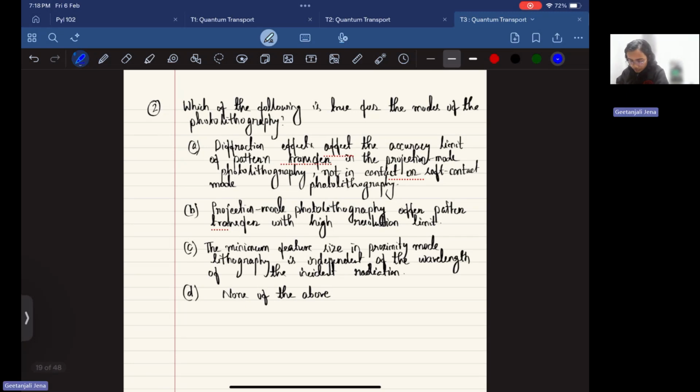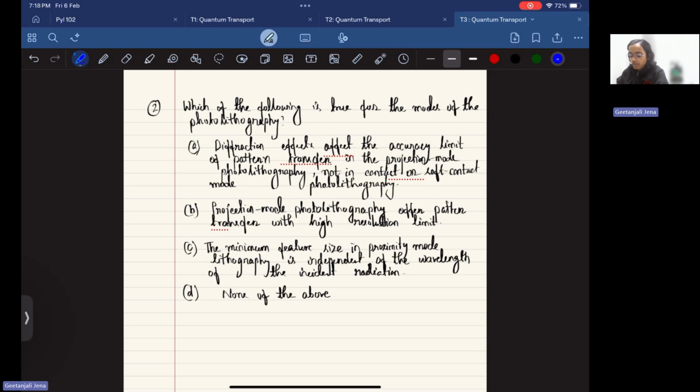In question number 2, it says, which of the following is true for the modes of photolithography? Option A, diffraction effects affect the accuracy limit of pattern transfer in the projection mode photolithography, but not in contact or soft contact mode photolithography, which is not true. Diffraction effect is there for both the contact mode as well as the proximity mode and the projection mode.